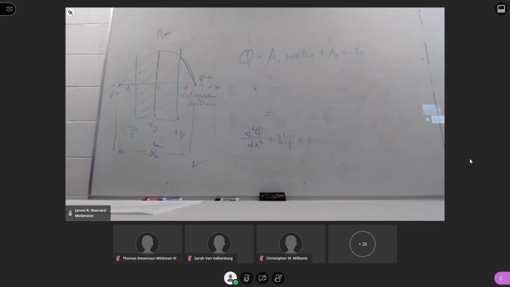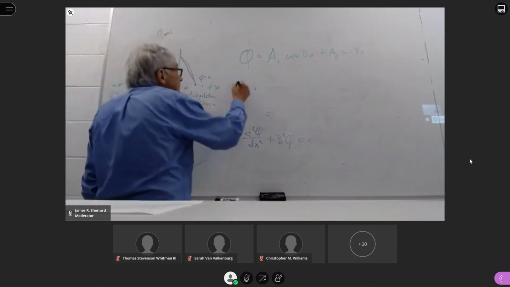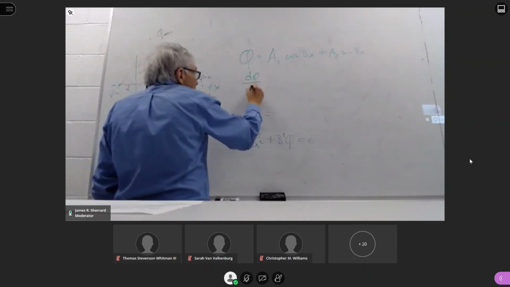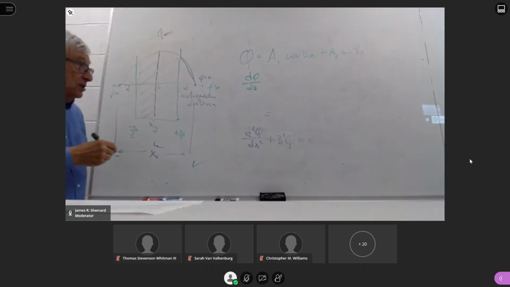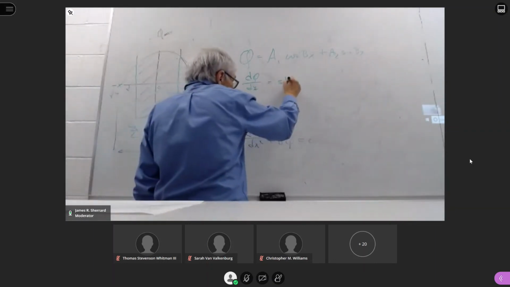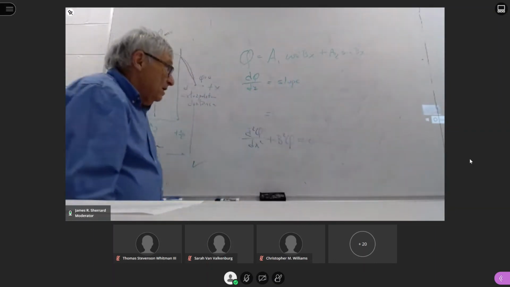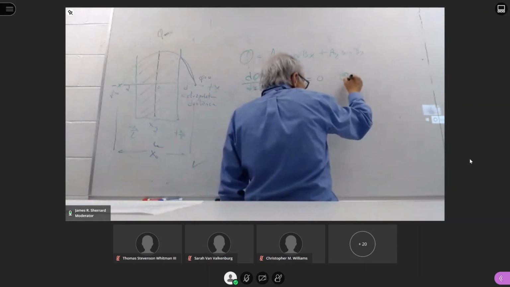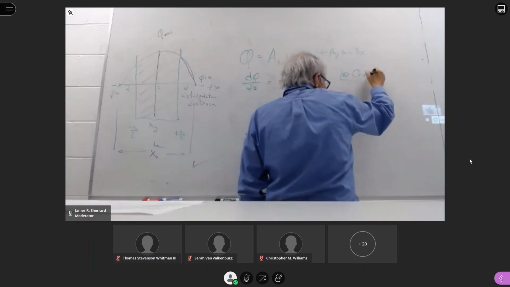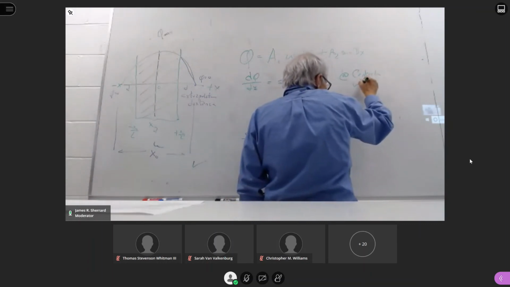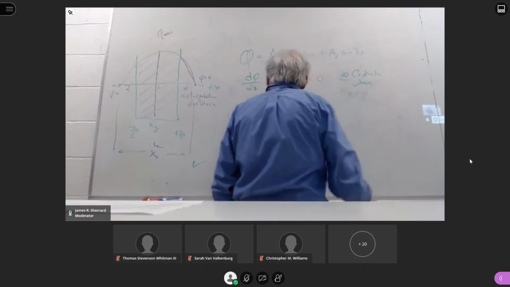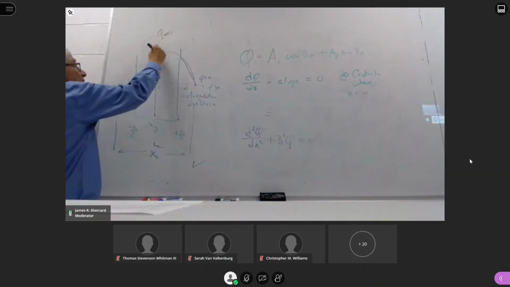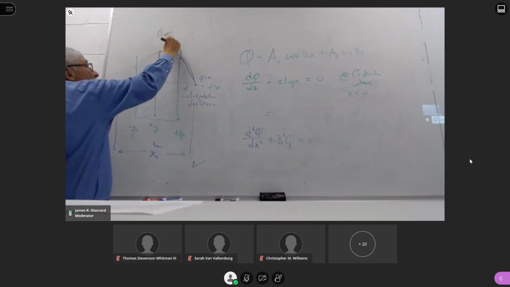Okay. We know that if we take the differential of flux with respect to x, which is the slope, the slope is exactly 0 on the center line, where x is equal to 0. This is my center line, where flux max is.